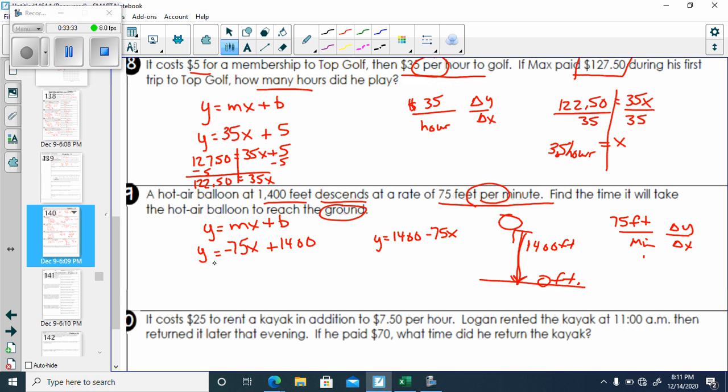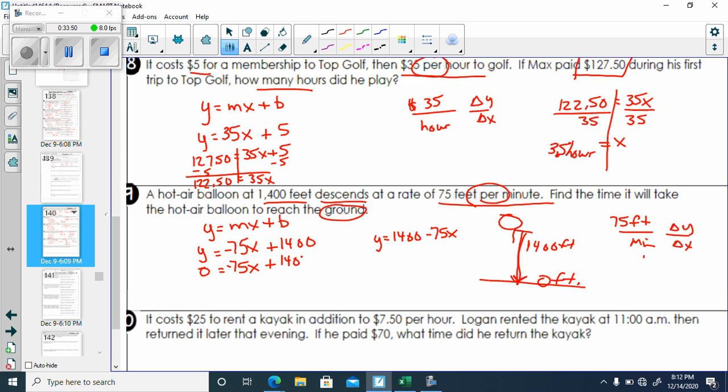This is the number of feet off the ground. 0 feet is where I need it to be on the ground. This is how physics questions will be done. Y'all will understand that once you take physics someday. 0 is equal to negative 75x plus 1,400.